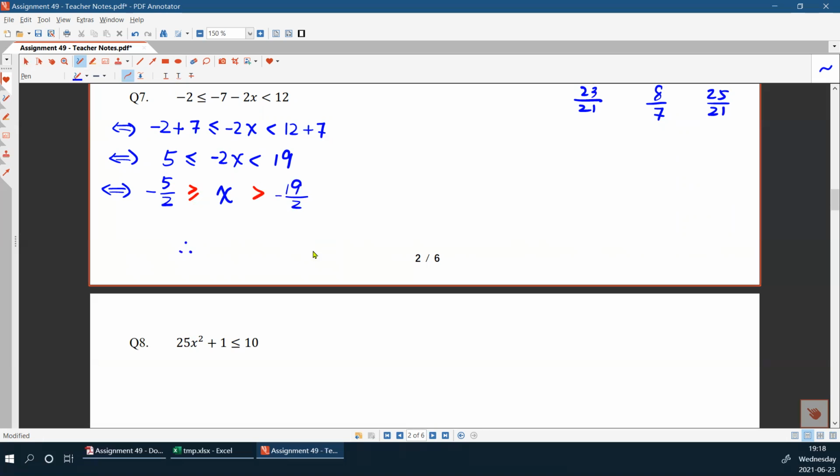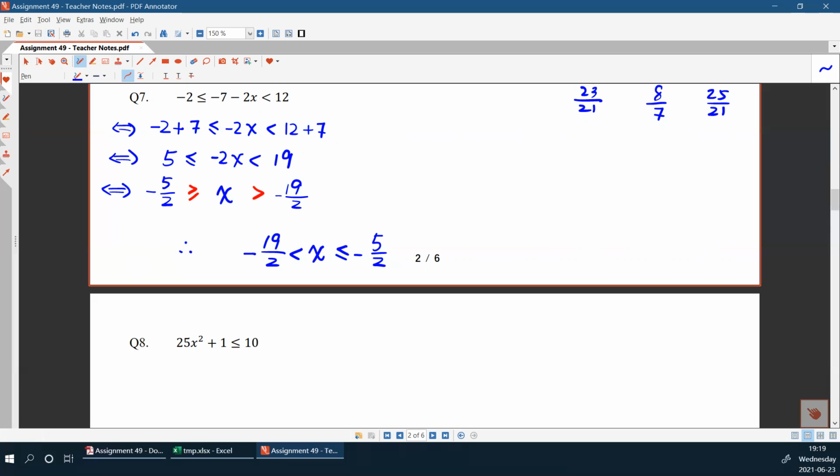Okay, so for the final solution we usually write the lower limit on the left-hand side. So x is greater than minus 19/2 and smaller than or equal to minus 5/2. Understand? Any questions? No?